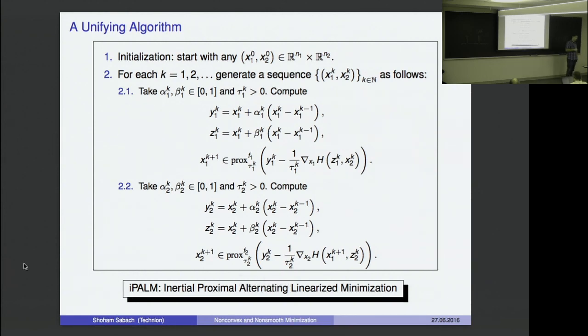It's a recent algorithm that I studied with Thomas Pock. iPALM stands for inertial proximal alternating linearized minimization. These two sequences come to fill in the inertial idea, and of course you see the alternating and you see the proximal. So these are all the ingredients in the algorithm.